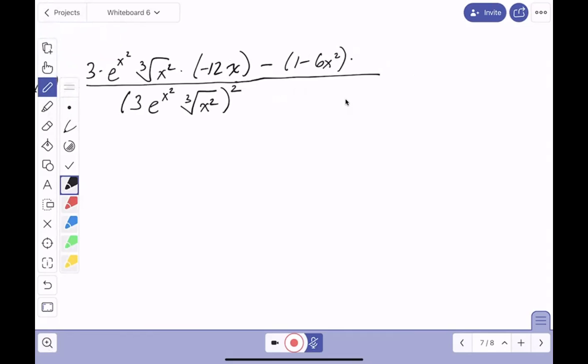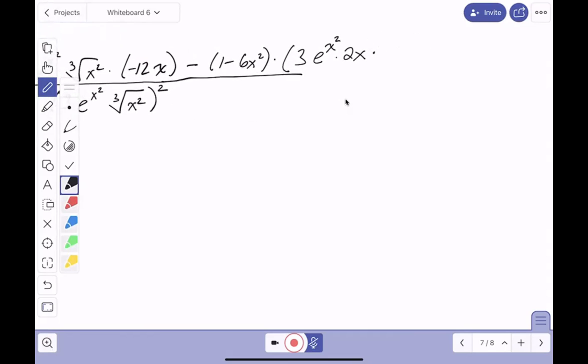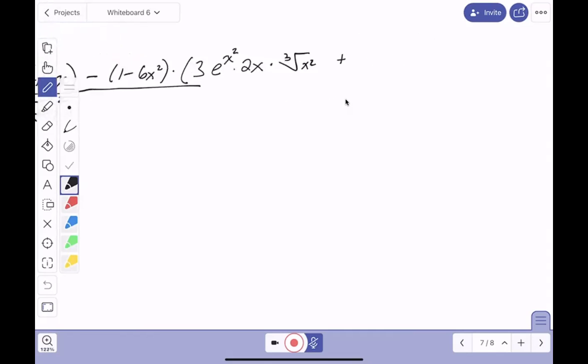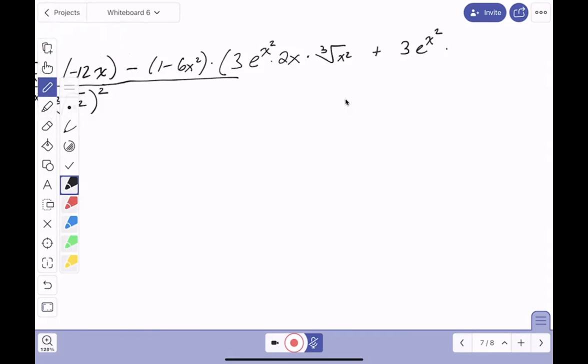So what's it going to be? 3e to the x squared times 2x times the second function, which is the cube root of x squared, plus 3e to the x squared times the derivative.